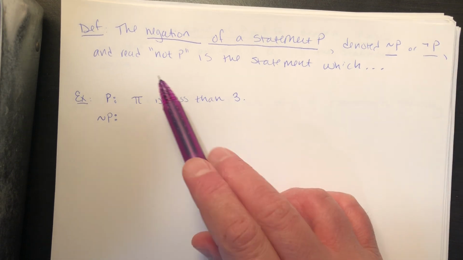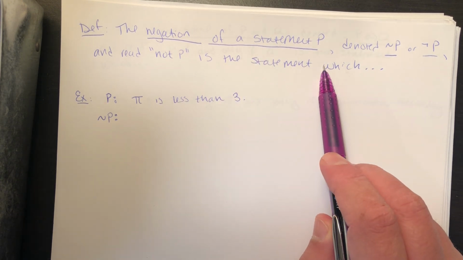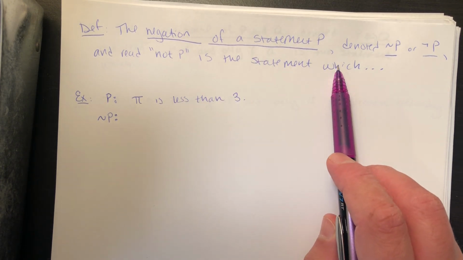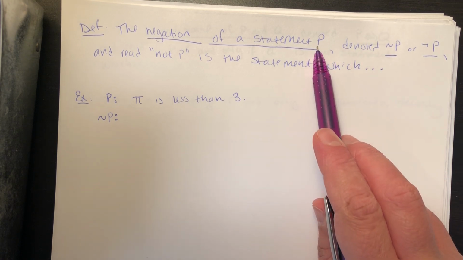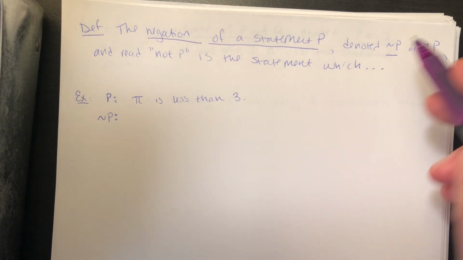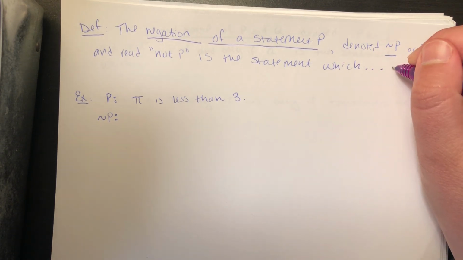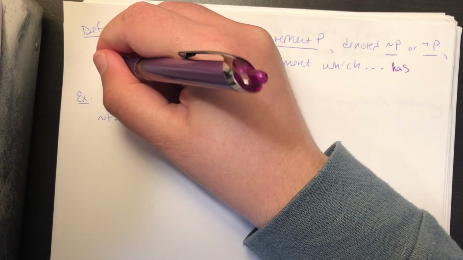And we read that as not P. This is a statement which has the opposite truth value of P. So the negation of P is going to be true whenever P is false, and the negation of P is going to be false whenever P is true. So not P is a statement which has the opposite truth value as P.